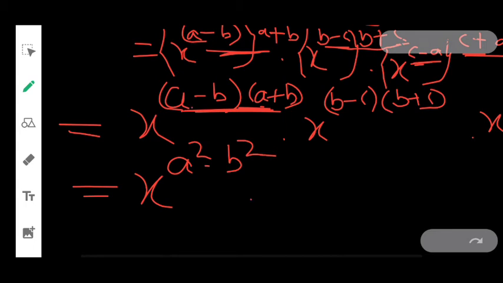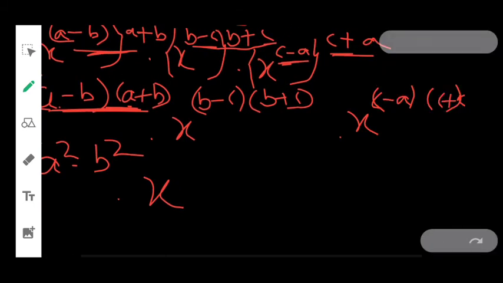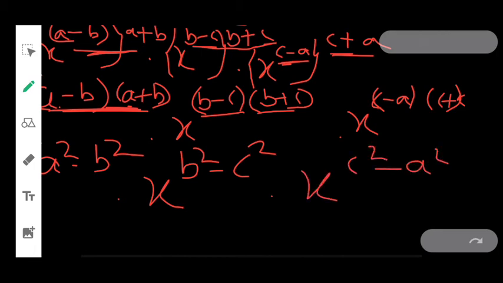Then x to the power (b minus c) into (b plus c) will be b square minus c square. Like that, this one will be c square minus a square, because (c minus a) into (c plus a) will be c square minus a square.